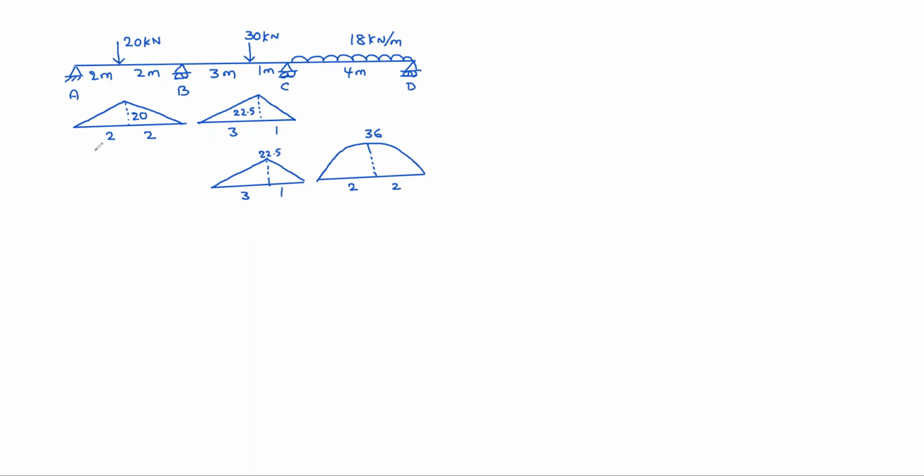Now for AB and BC spans, if you take the x1, x2 values for this, here I will mark both. What is A1? A1 here is half into 4 into 20, that equals 40. And x1 is 2. Here A2, 2 triangles are there. For these 2 triangles, A2, x2, directly I will write.